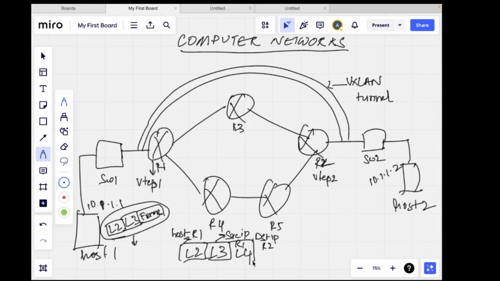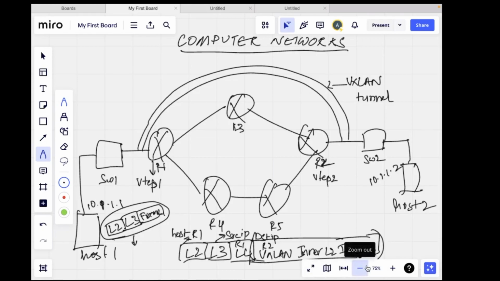Layer 4 is the UDP header, and inside this I'll have my VxLAN header. I'll tell you what all the VxLAN header will have, and I'll have the inner Ethernet frame, which is inner L2 and inner L3. Make sense? So what I have done is I have encapsulated this part inside a UDP header.